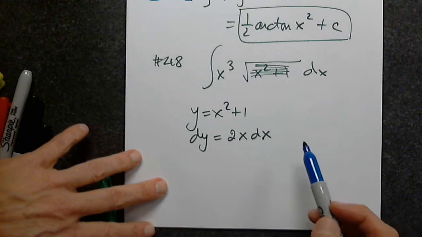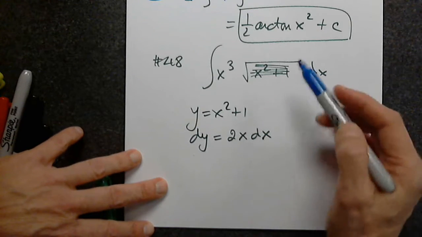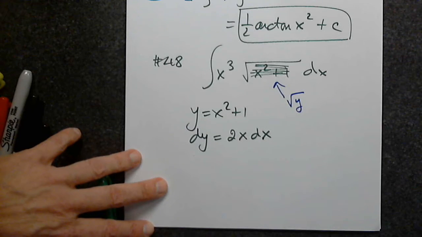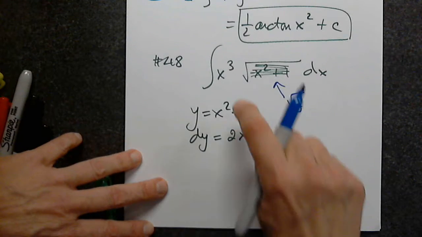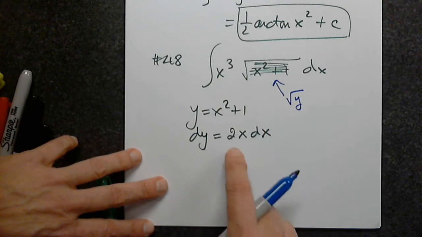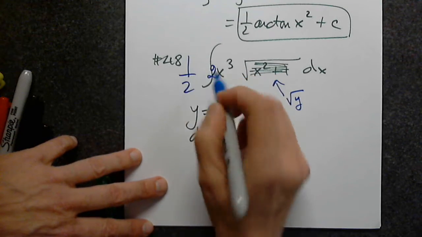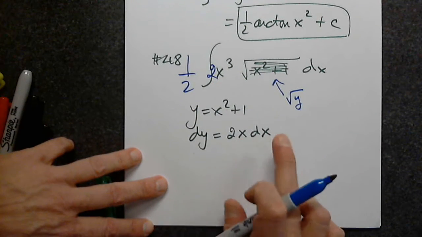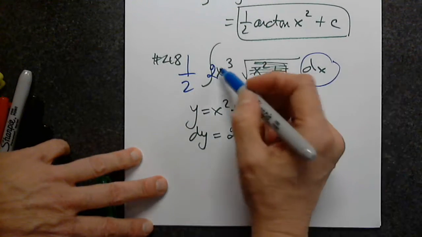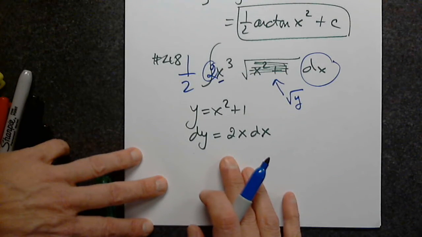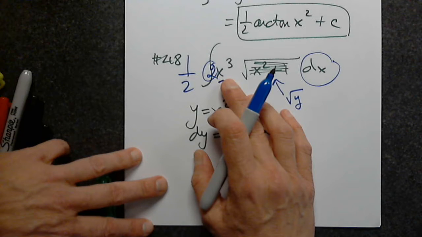So this will become, if I'm on the right track, the square root of y. We agree on that. Now, one of these three x's with a 2, 1x, 1x, and dx, only one of these will become dy. Now, what is left over?